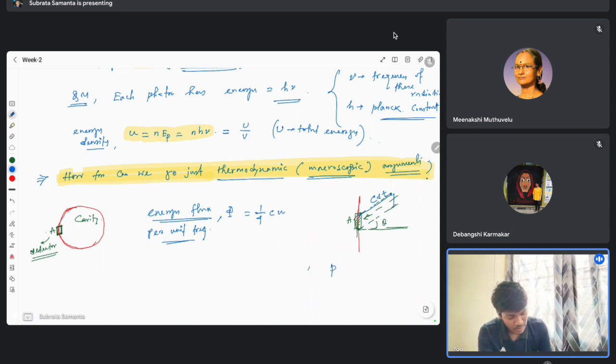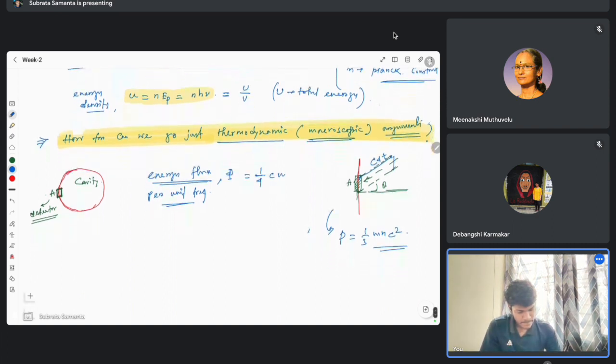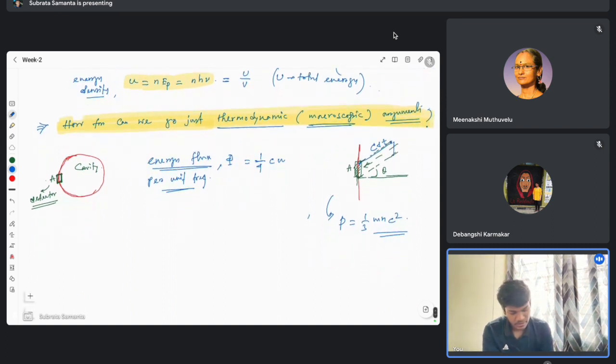And the pressure P from kinetic theory is derived as one-third m v squared average. Here the velocity is c, so one-third m c squared. And the flux phi is one-fourth c times U.